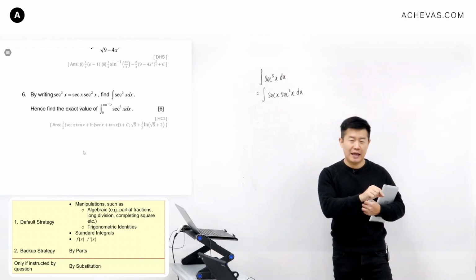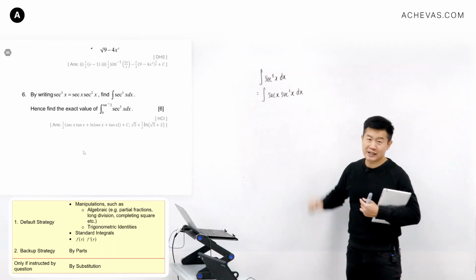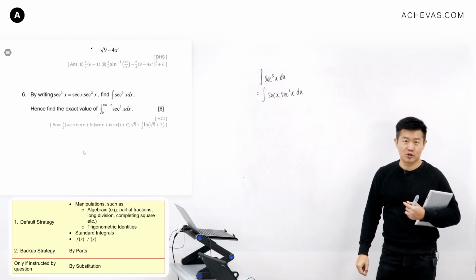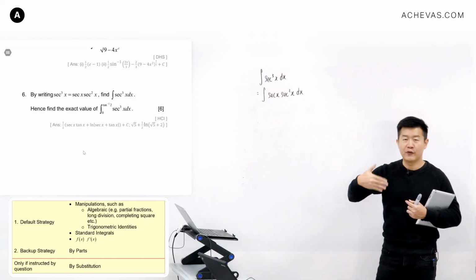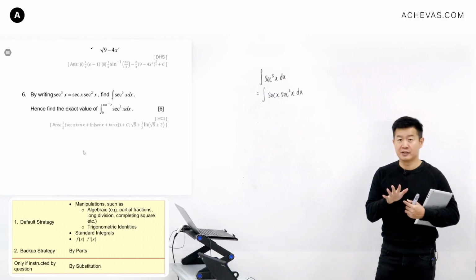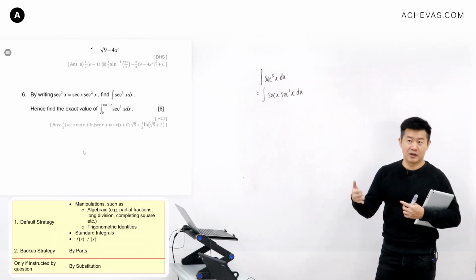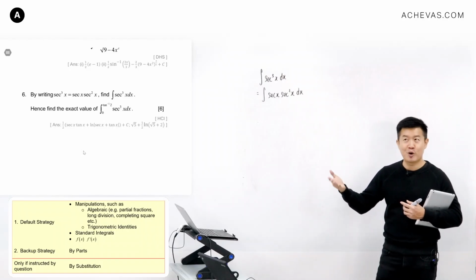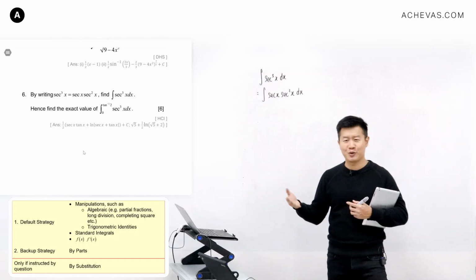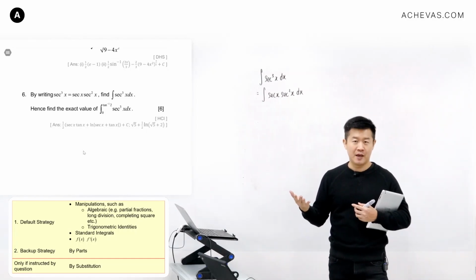But even after I try re-expressing this into 1 plus tangent square, I failed to finish up my integration. And that is fine, because that is part and parcel of a typically more challenging integration question, which requires us to do all those trial and errors.